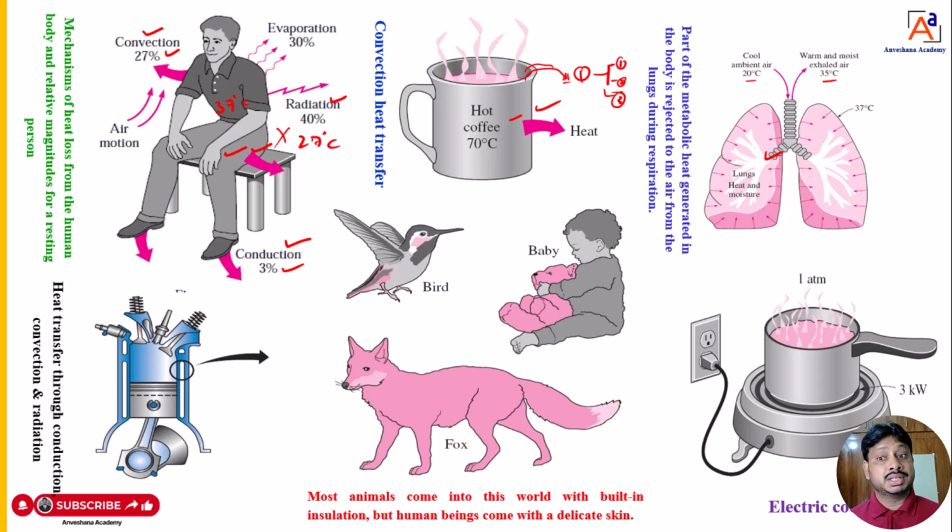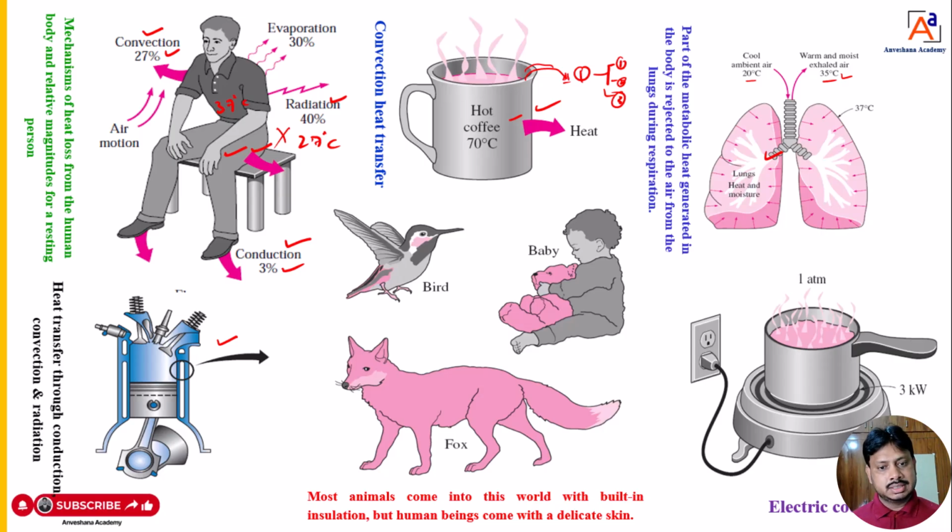That means heat is going to transfer from your body to the surrounding by convection, because air molecules are moving. Then they are going to transfer heat to the surrounding. That is known as convection heat transfer. Hence, inhaling and exhaling, or you can take the lungs, is an application of heat transfer. Like that, you can take the IC engine.